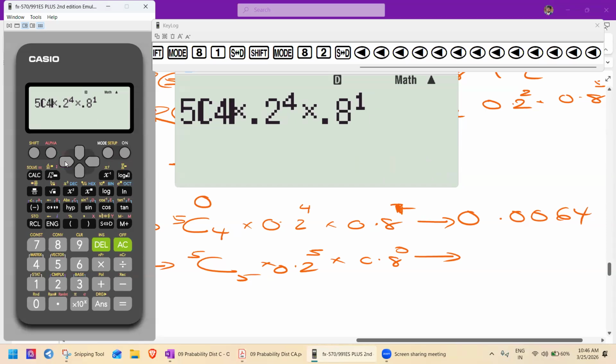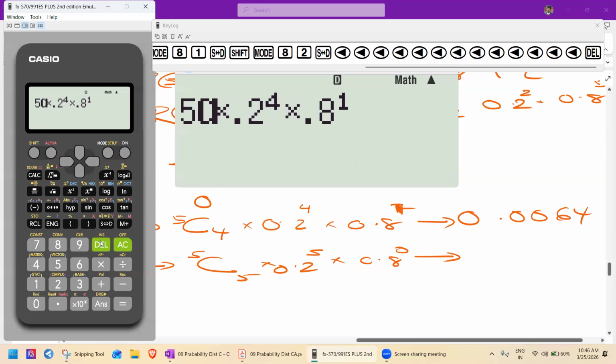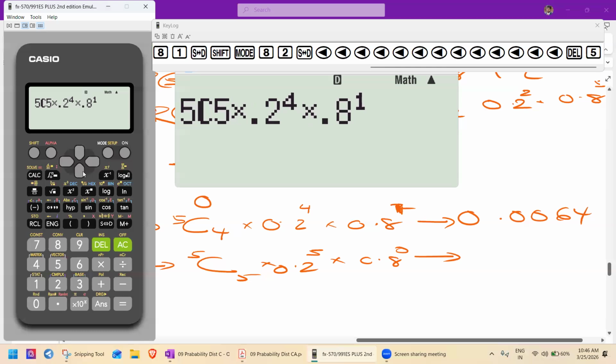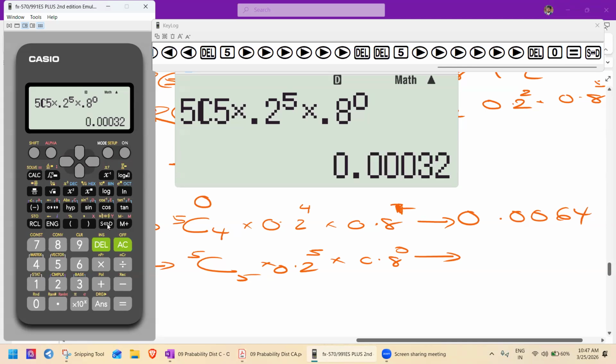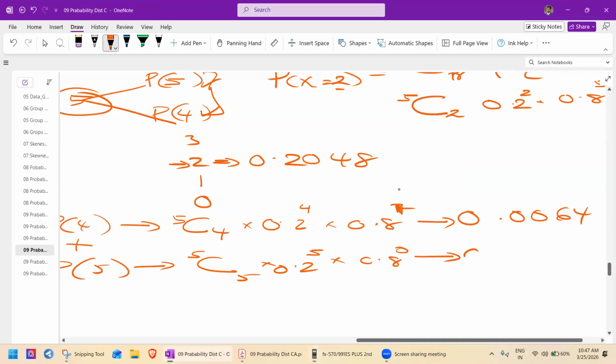It should be 5, it should be 5, and it should be 0. Then we'll get 0.00032.